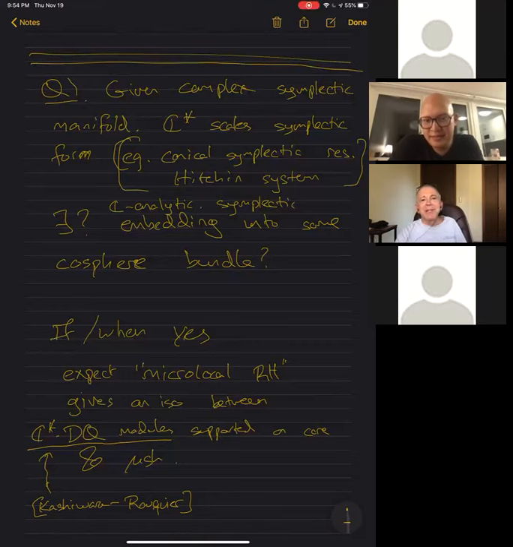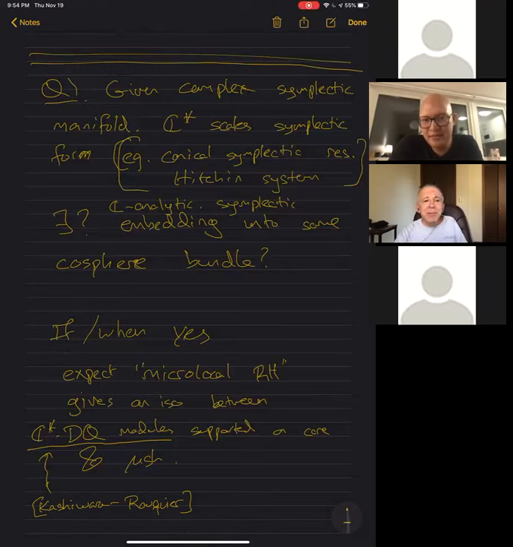But the bigger story, which is true beyond the exact case, is when you really have to count pseudo-holomorphic disks.